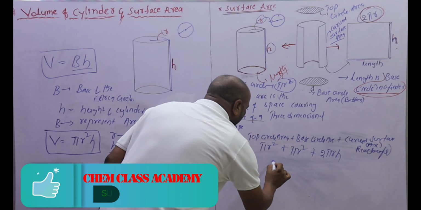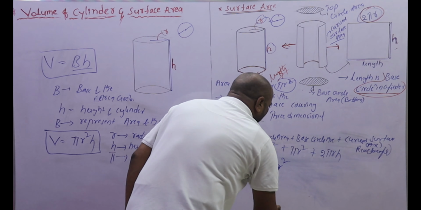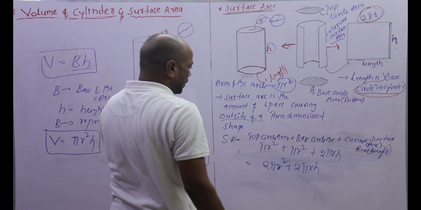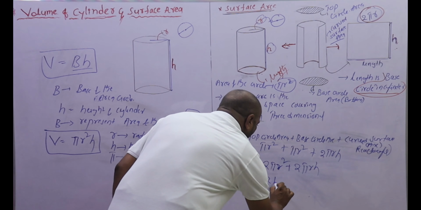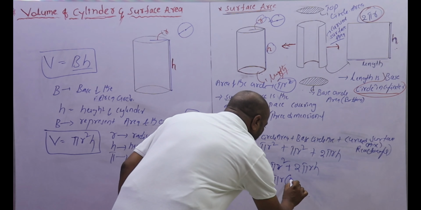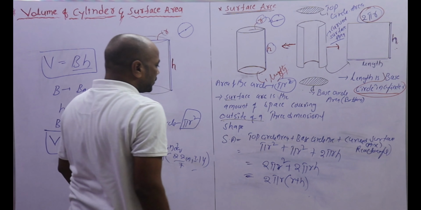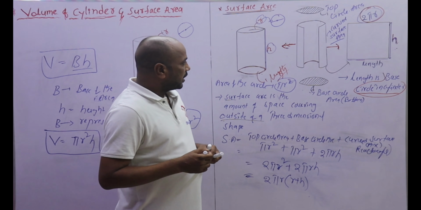Then it is 2 pi r square plus 2 pi r h. Then simplify: 2 pi r times (r plus h). This is the formula of surface area.